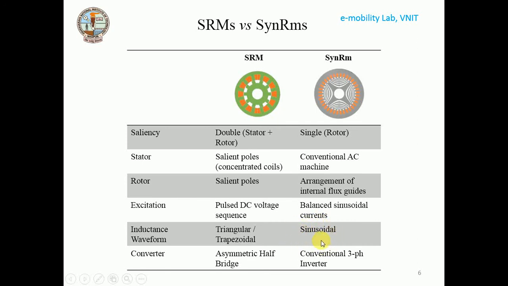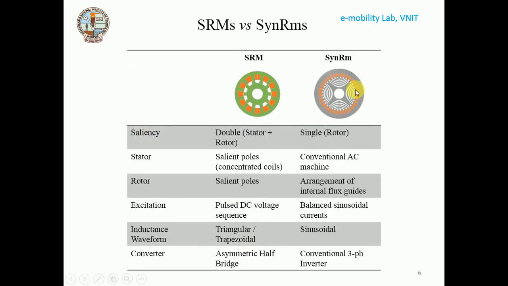Generally it is sinusoidal, but may not be in all cases. If you have a concentrated winding machine, then the shape of this inductance may change. Then the converter: asymmetric half bridge converter, and this is a conventional three-phase inverter. So this is a short comparison between switched reluctance and synchronous reluctance.